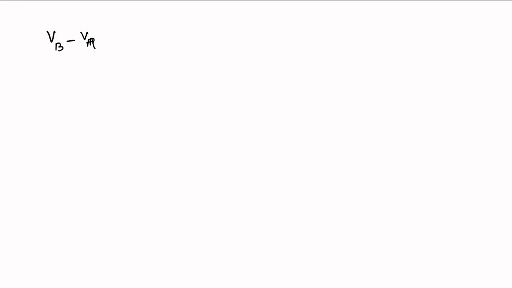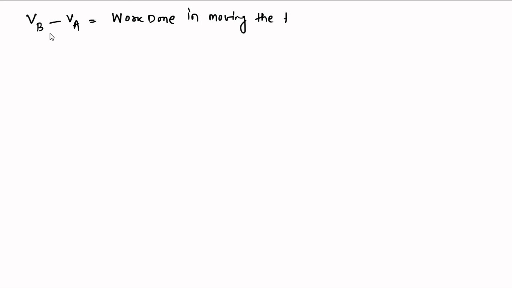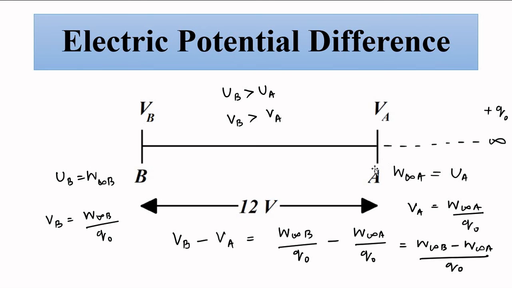So the potential difference between these 2 points A and B, B being at higher potential than A, is the work done in moving the test charge from A to B, that is from lower potential point to higher potential point.